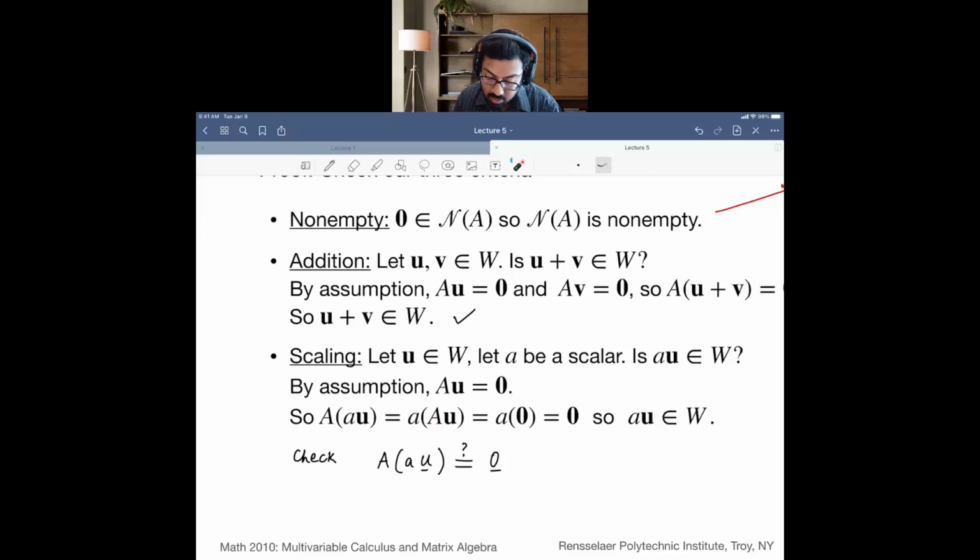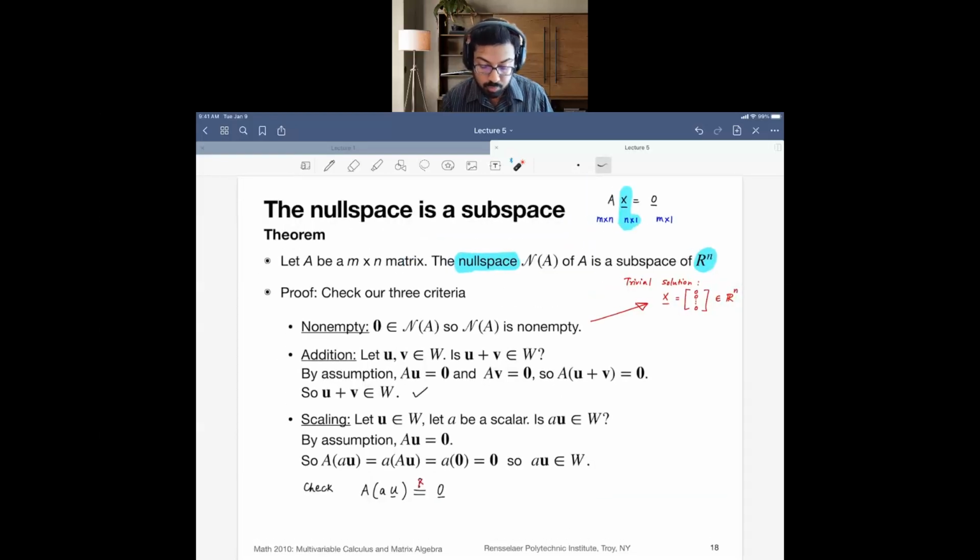I know that Au is 0 because u belongs to W. So I can substitute that, and that results in a 0, which essentially means I can remove this. It is equal to 0, which means that au also belongs to W. All of this to prove that the null space is a subspace. So a set of solutions for any given coefficient matrix is going to be a subspace.